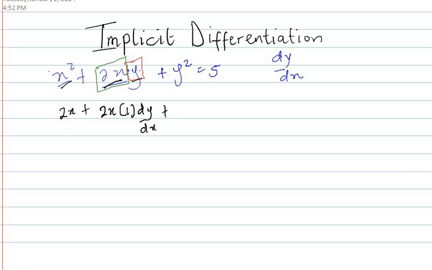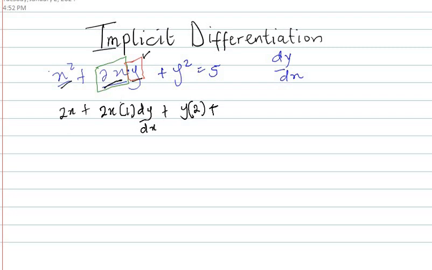Then plus, we take y to be constant, and the derivative of 2x is just 2.